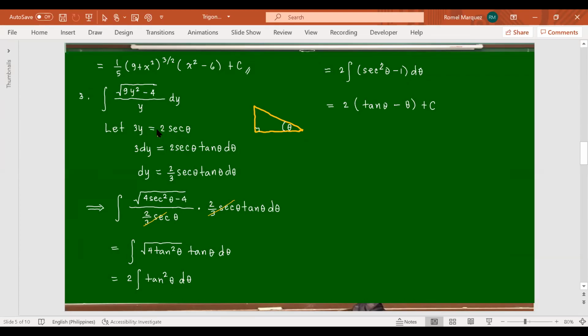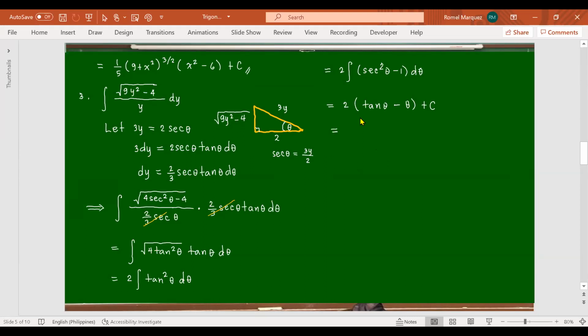From our representation, we have 3y over 2. So again, what is secant theta, guys? 3y over 2. How do we define secant? That is hypotenuse, 3y, over adjacent, so 2 here. So I can solve for this part. The square of 3y, that is 9y squared, minus 4. Actually, we just copy this thing, no?